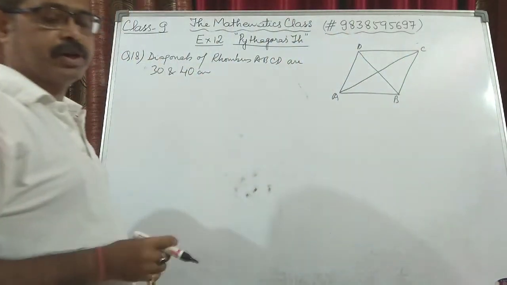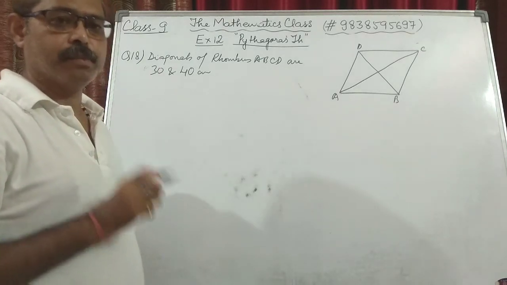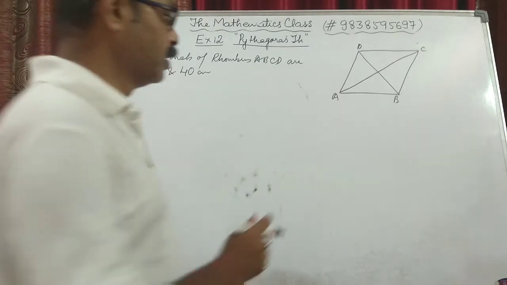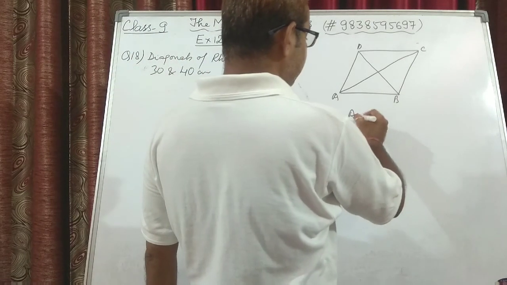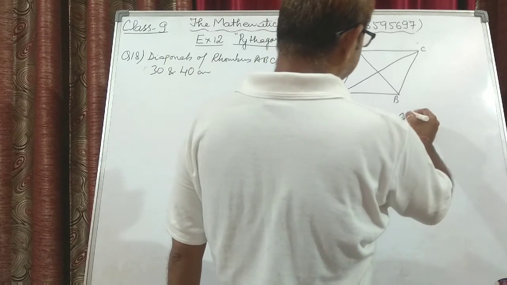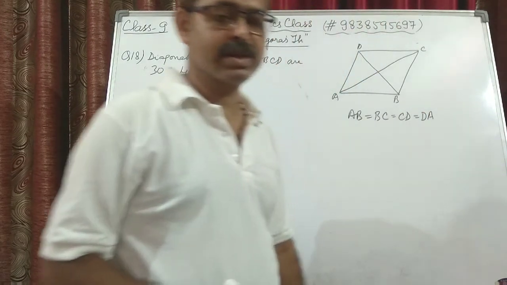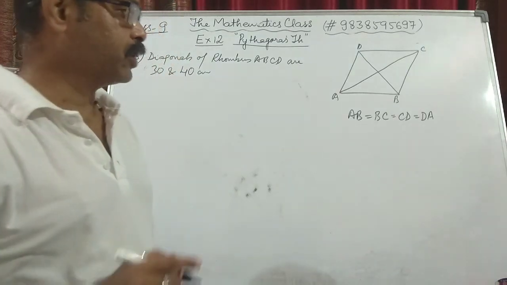Now what are the properties of rhombus? That all the sides of the rhombus are equal. Means AB will be equal to BC, will be equal to CD, will be equal to DA. All the sides of the rhombus are equal. First point.